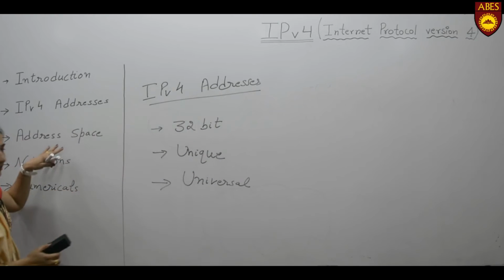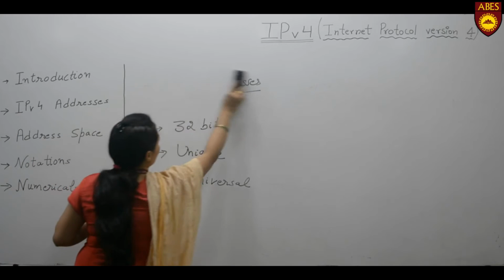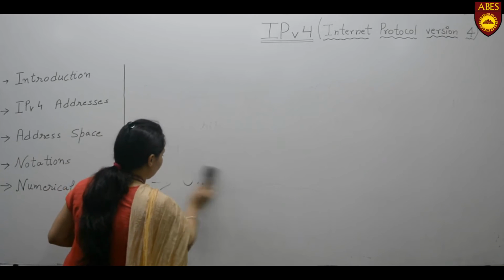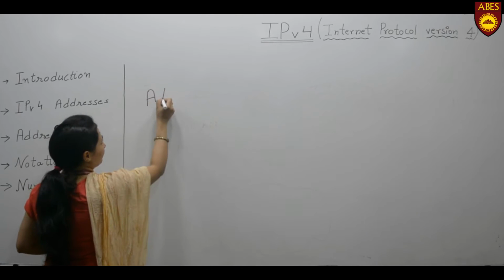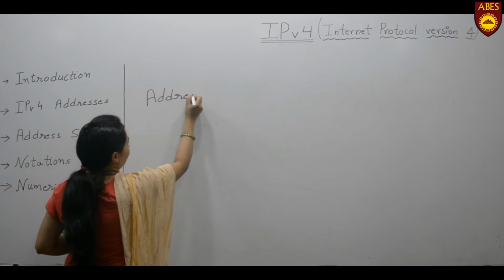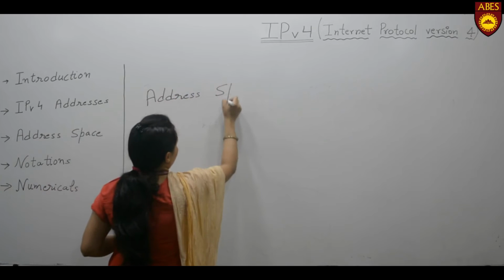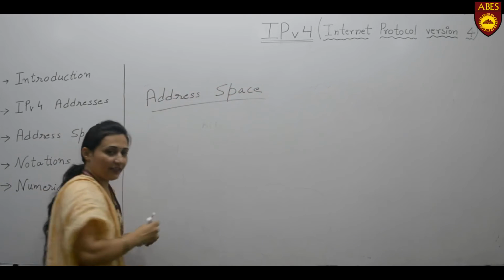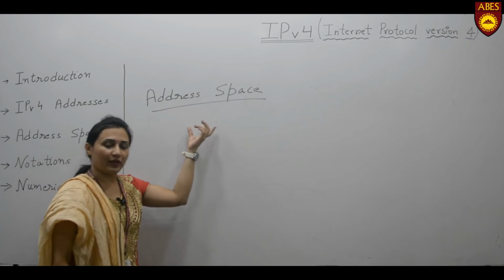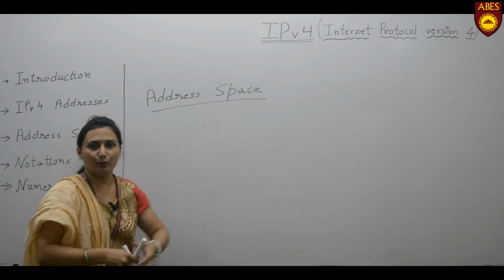Next comes the address space of IPv4 addresses. Address space is the total number of addresses defined by a protocol.